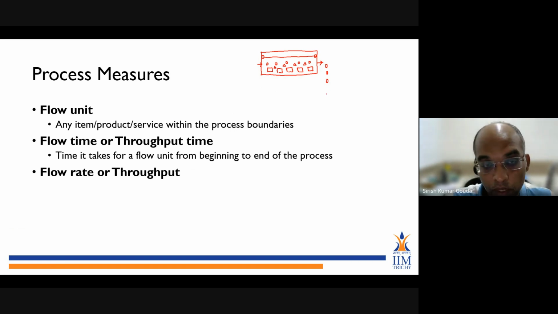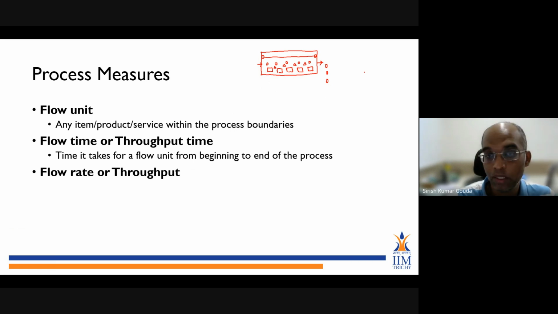Now, if you have to measure the output or the flow rate of any particular bank or any ATM, then we can see how many of them are coming out of that particular bank or ATM in a span of, let's say, 1 hour. So if there are 10 people who are coming out, we don't care how many people are going in, because the flow rate is about the rate at which people are coming out. That defines what throughput is.